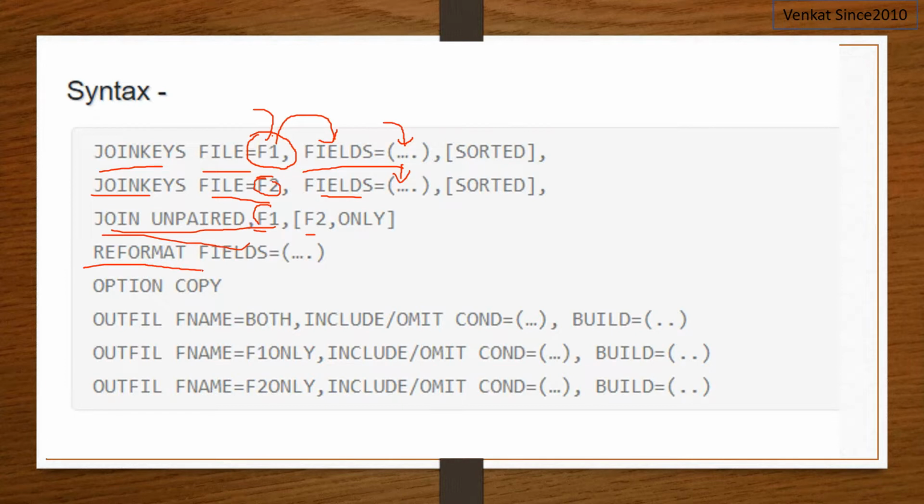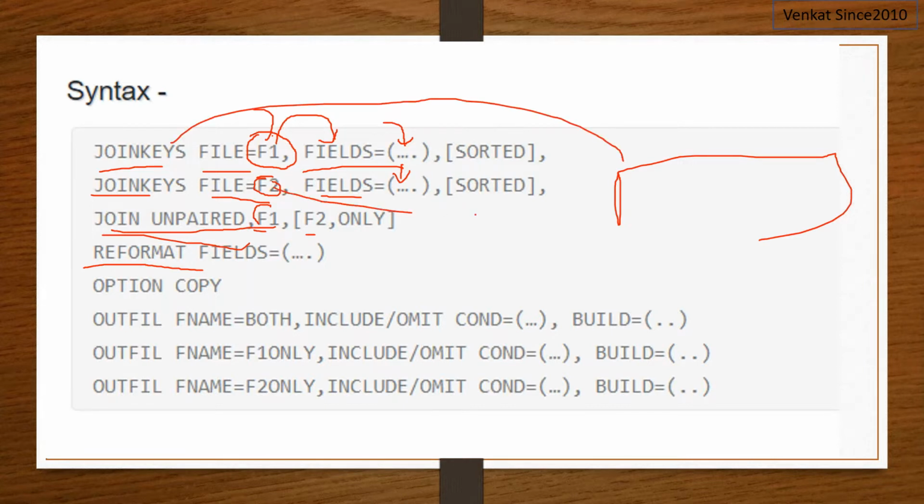Then REFORMAT: in the output file, what fields you want to copy from file 1 and from file 2. In the REFORMAT FIELDS parameter we specify which fields from file 1 and file 2 you expect in the output file.